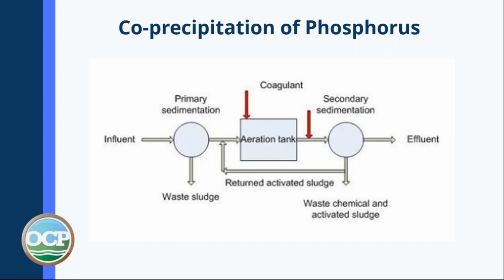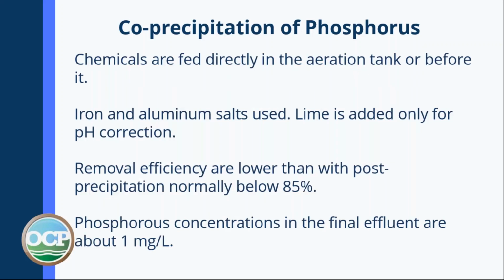All the solids, the sludge and the precipitated phosphorus, are collected in the secondary clarifier, where the phosphorus is wasted with the chemical and activated sludge. Chemicals are fed directly in the aeration tank or right before it.